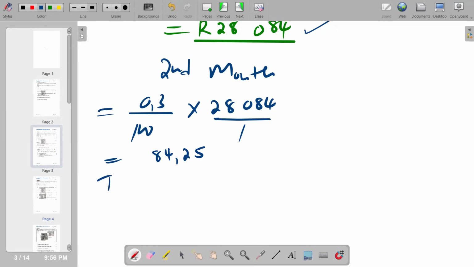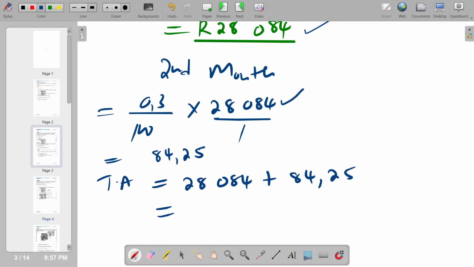So to get now the total amount for the second month, the principal that we had for the second month is 28,084 plus 84 and 25 cents. So when we add 28,084 plus 84 and 25 cents, of course our calculation for the interest for the second month is 84.252. So you can put the figure in full.